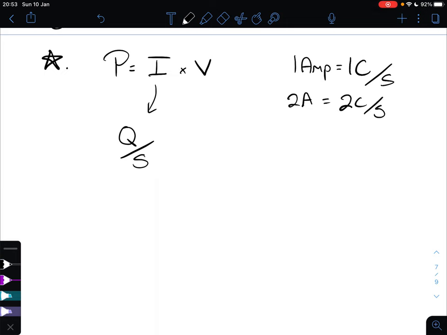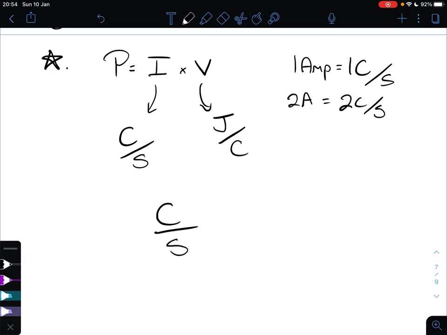Really easy. Okay, what about voltage? Well, we saw voltage is how many joules of energy per coulomb. Okay, I'm going to change that Q. I'm going to write it in terms of units. There you go. So I've got current is how many coulombs per second. Voltage is how many joules each coulomb is carrying. And when we times them together, let's put them together now just as their units.